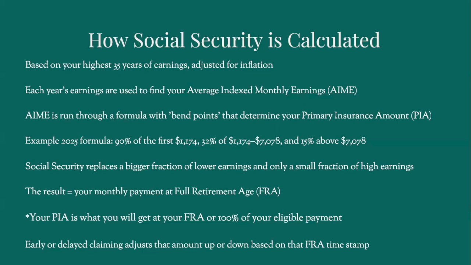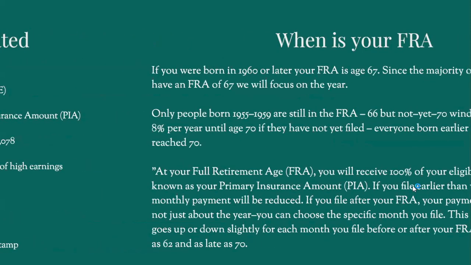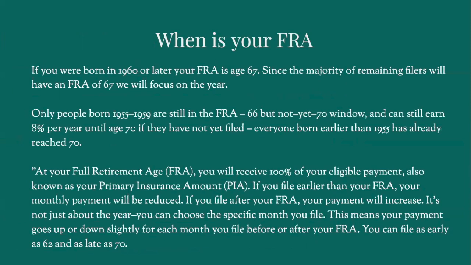The result equals your monthly payment at your full retirement age, or your FRA. Your primary insurance amount, the PIA, is what you will get at your FRA, or 100% of your eligible payment. Early or delayed claiming adjusts that amount up or down from that FRA point. When is your full retirement age?